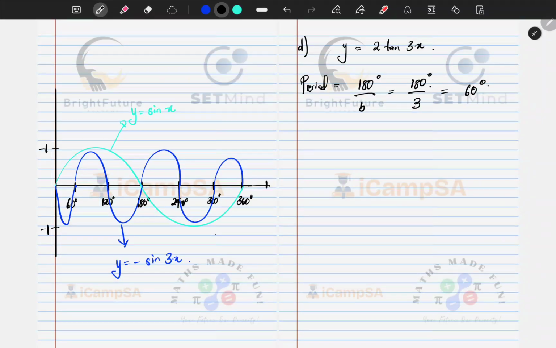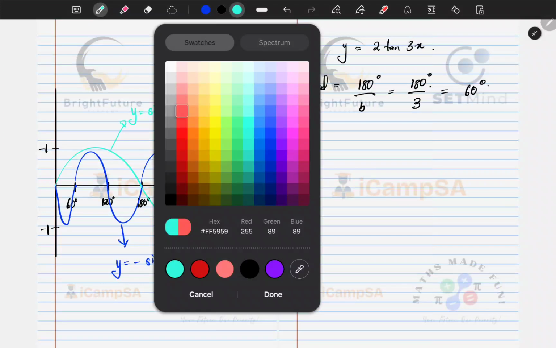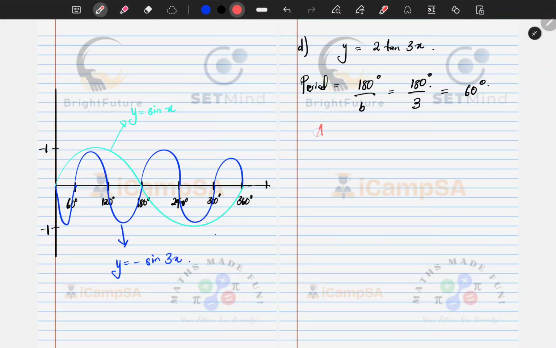Great. So when we draw our graph, it's going to be very simple. This means that your asymptotes will be at x equals 60 degrees, and so on and so forth.